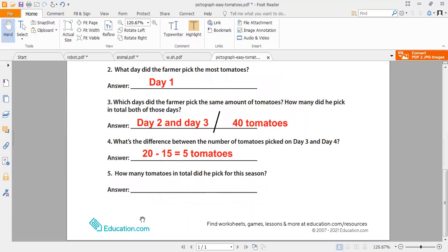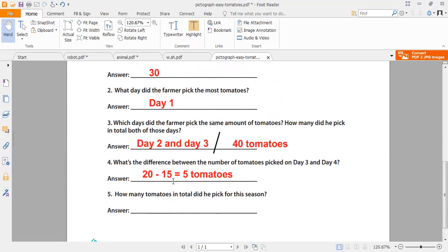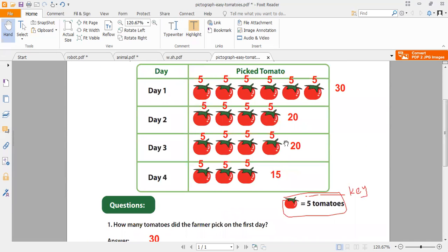The last question. How many tomatoes in total did he pick for this season? How many tomatoes in total means in all. How many tomatoes in all did he pick for this season? That means I will add all numbers of tomatoes.